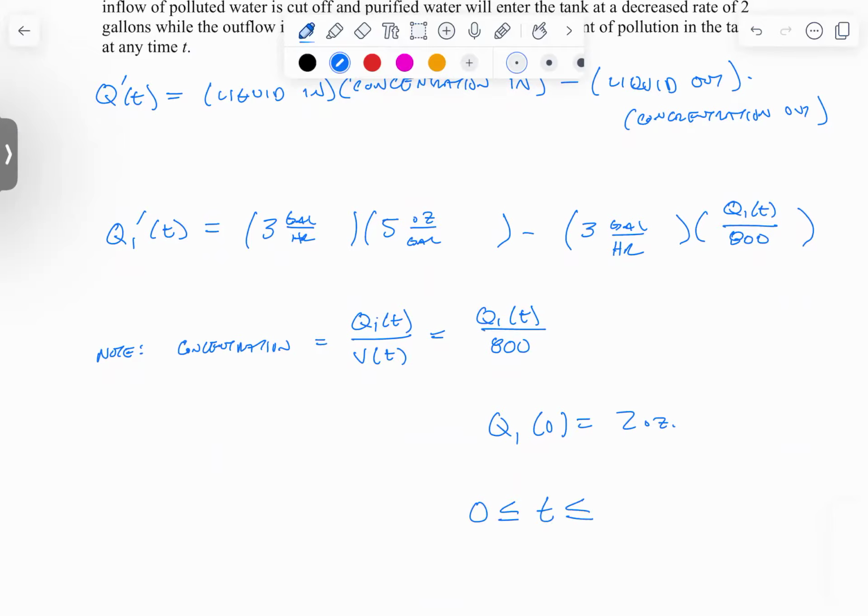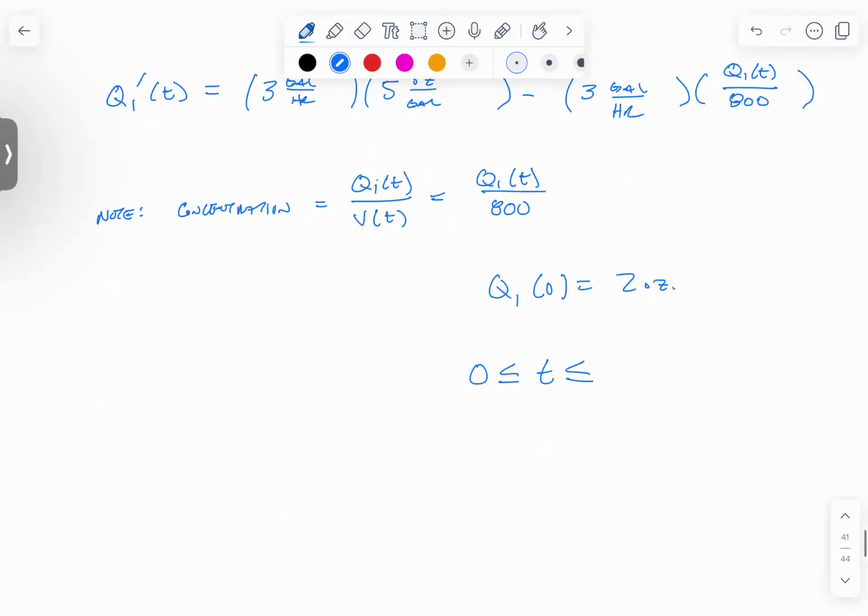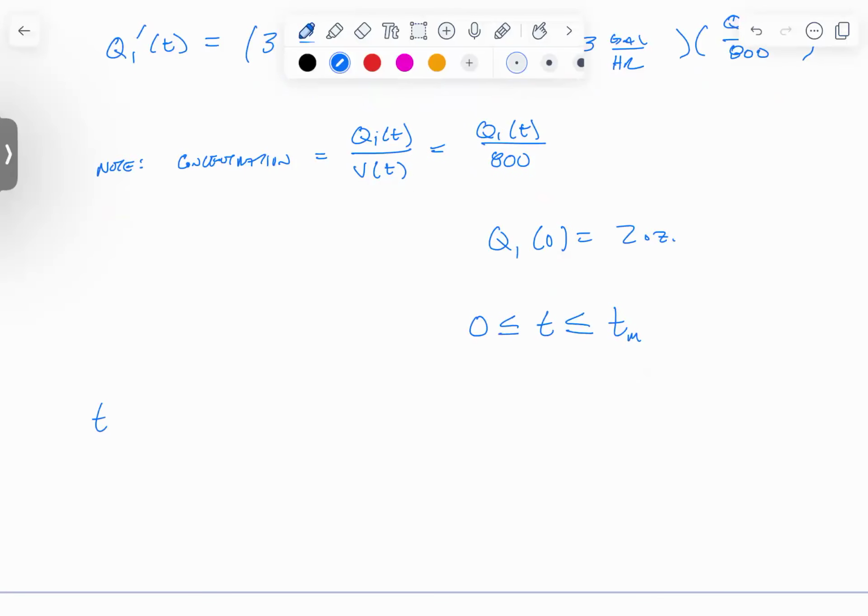Okay, and then it goes until when? Just conceptually. So the pollutants reach a certain amount, which is 500. Yeah, till the pollutant reaches this max level. Okay, so I want to call that t_m, just because of my notation. So I'm calling t_m equals max pollutant.